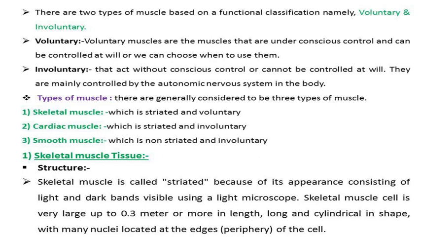Skeletal muscles are called striated because of their appearance, consisting of light and dark bands visible using a light microscope. Skeletal muscle cells are very large, up to 0.3 meter or more in length, long and cylindrical in shape, with many nuclei located at the edge of the cell.